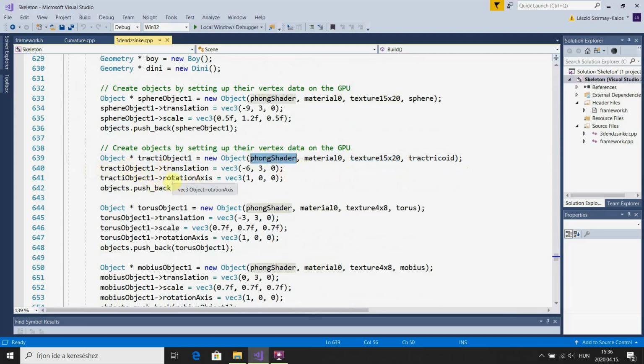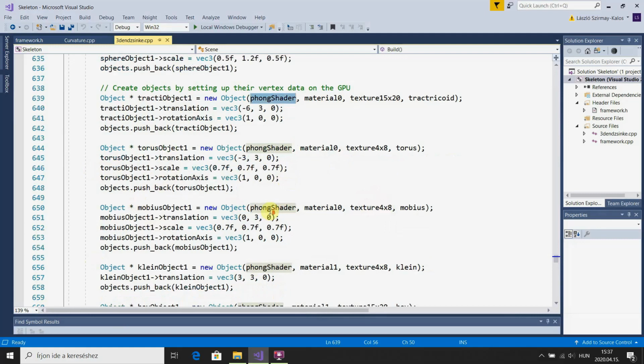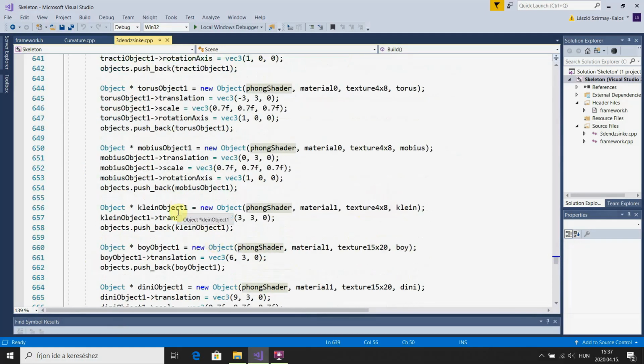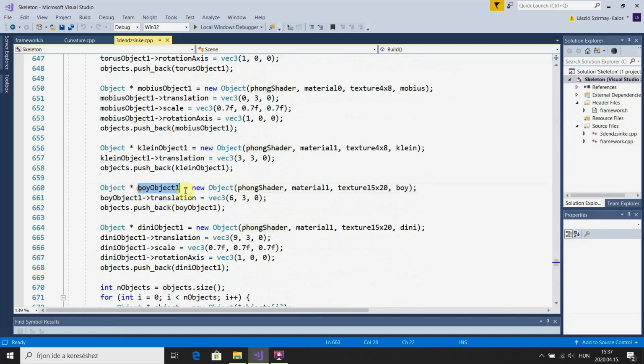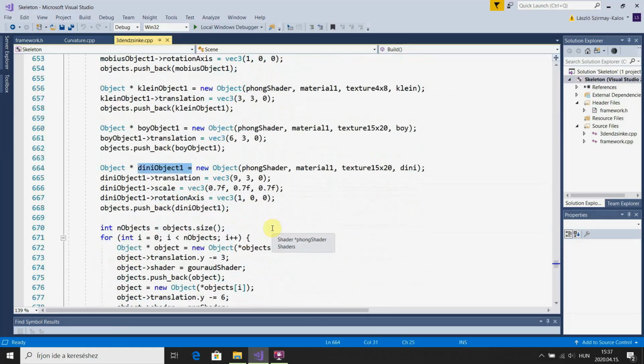Its translation and rotation are set differently, so the two objects will not be at the same place of the virtual world, so we can see them separately. The third object is a torus object. The fourth one is a Möbius strip, then a Klein bottle, Boy's surface, and Dini's surface. All of them are shaded with a Phong shader.